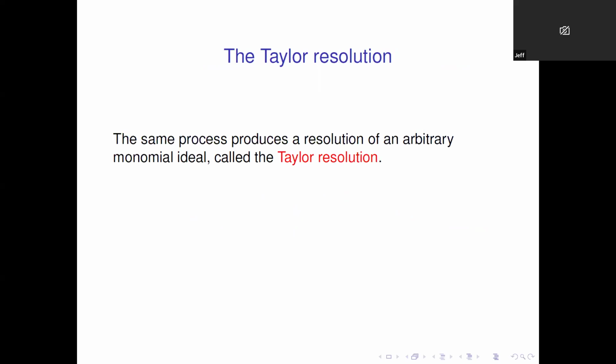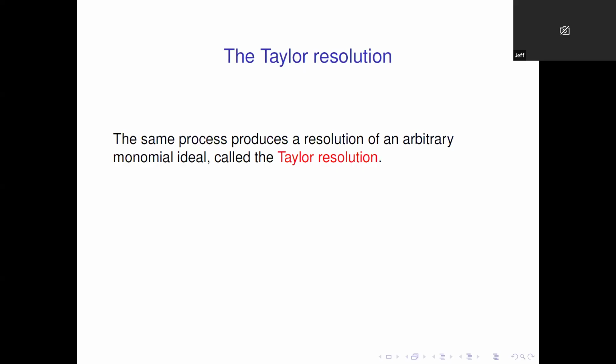So the legend goes that long before I was born, Kaplansky told Diana Taylor, his graduate student, to just figure out how all the monomial resolutions look. This shouldn't be too hard. And this is a problem that, as it turns out, is very hard. It's been wide open ever since.